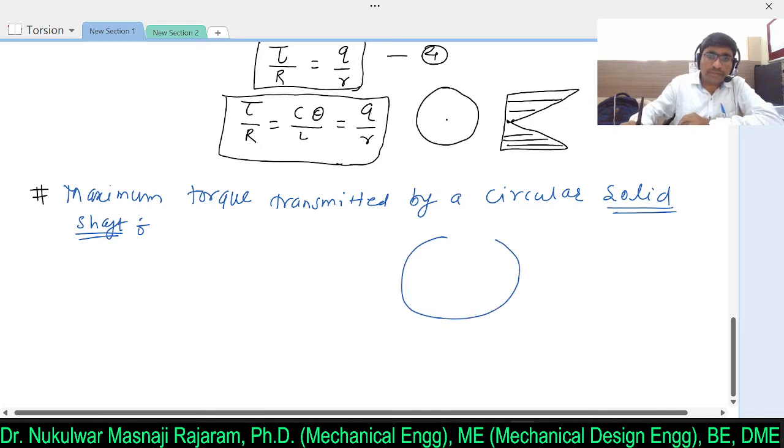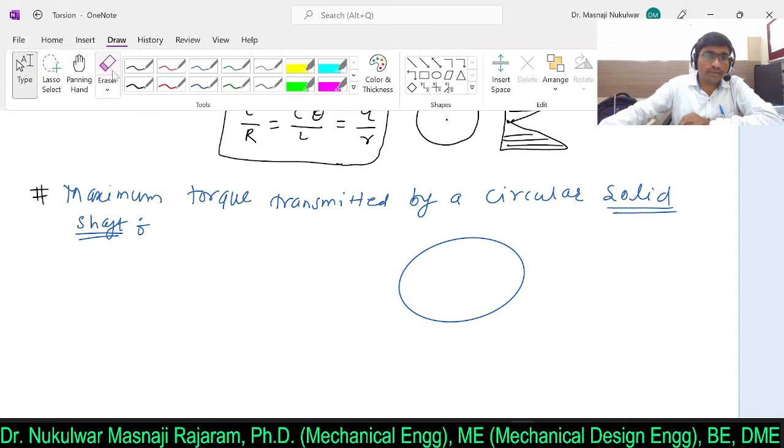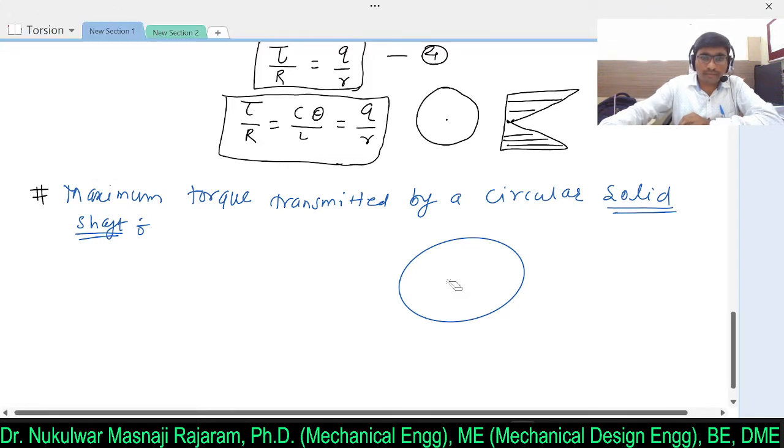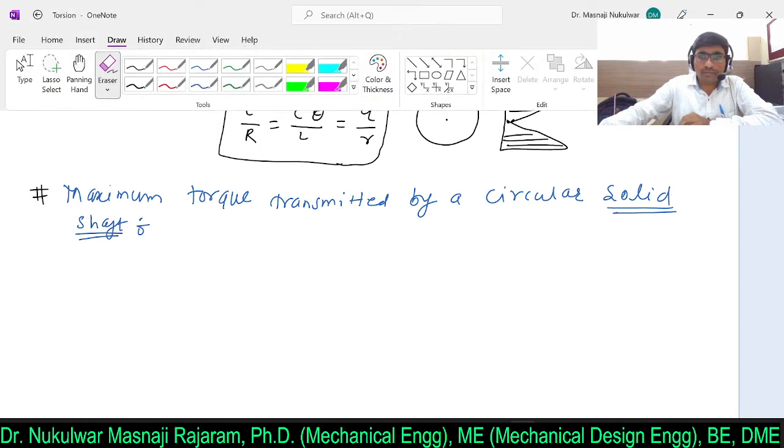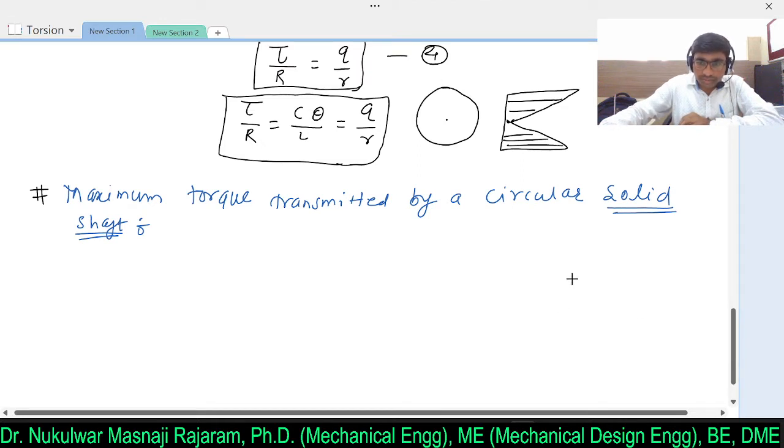So for that purpose I will draw a diagram. So here I will consider a solid shaft. Now on this particular solid shaft I will consider a center point. So let's say this is the center point. Now here I will consider one ring.